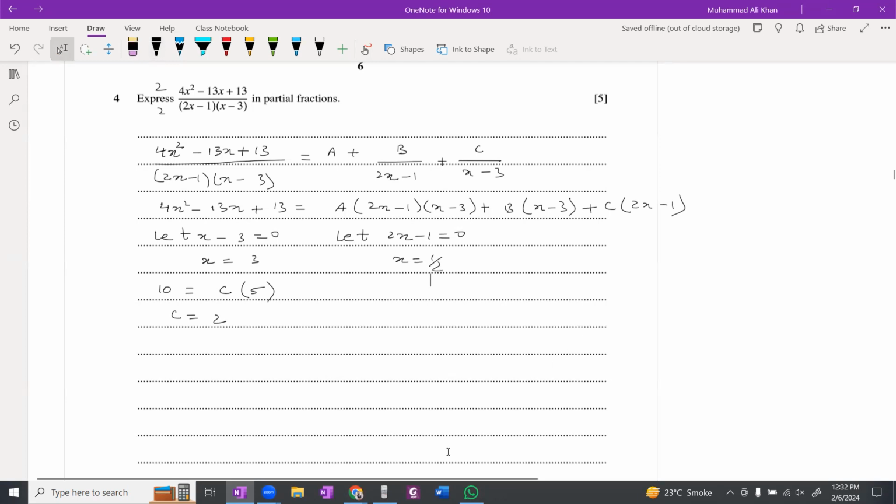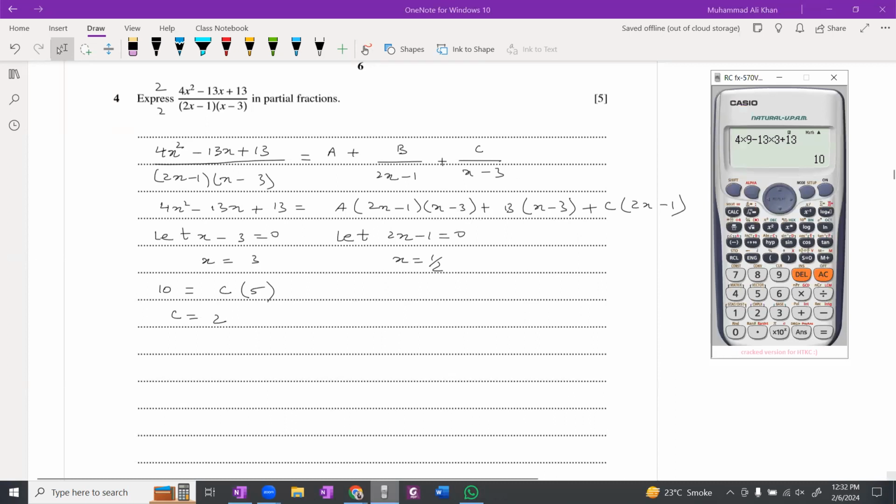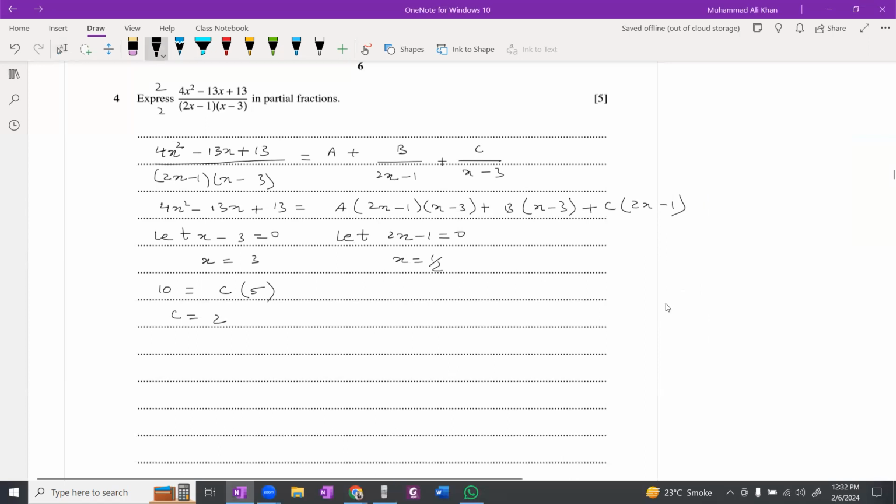If the value of x is 1 upon 2, then the left hand side will be 4 multiplied by (1 upon 2) squared minus 13 multiplied by 1 upon 2 plus 13. So the answer will be 15 upon 2.